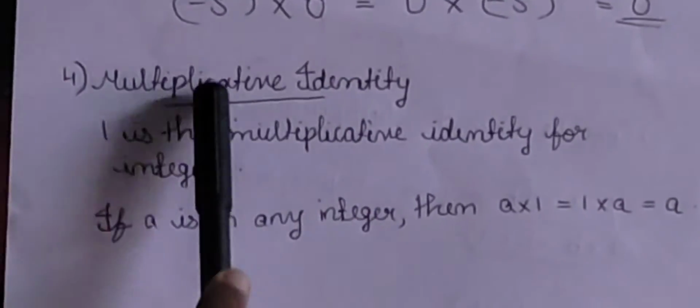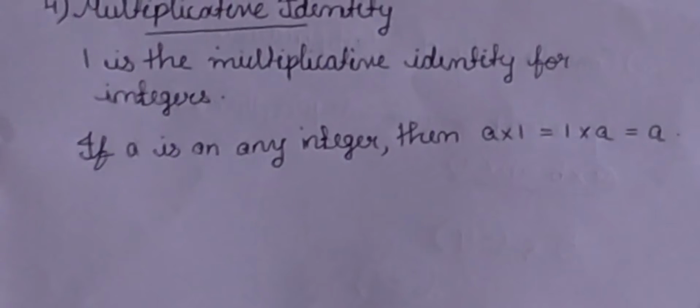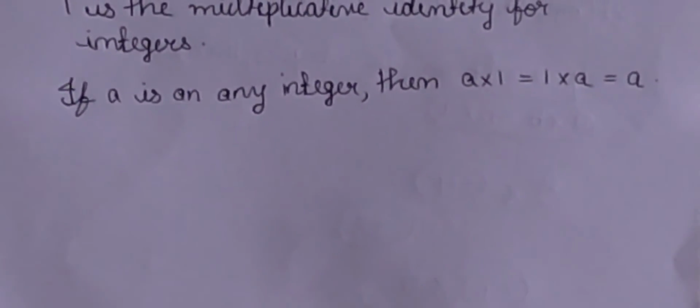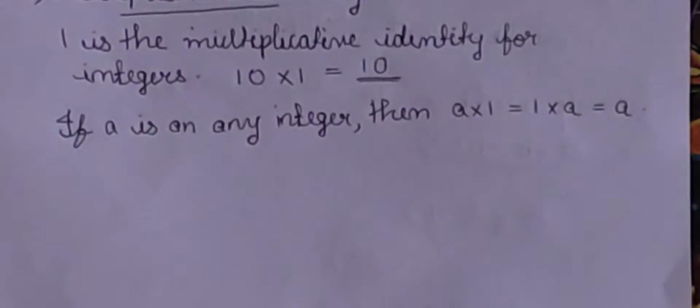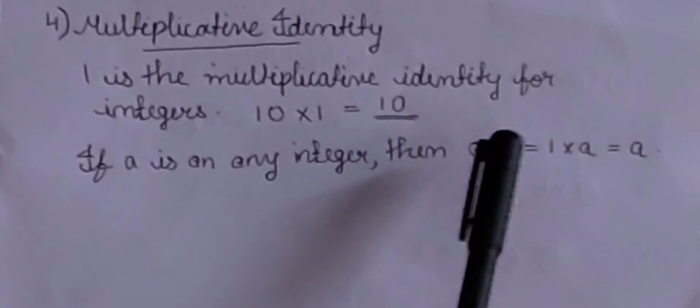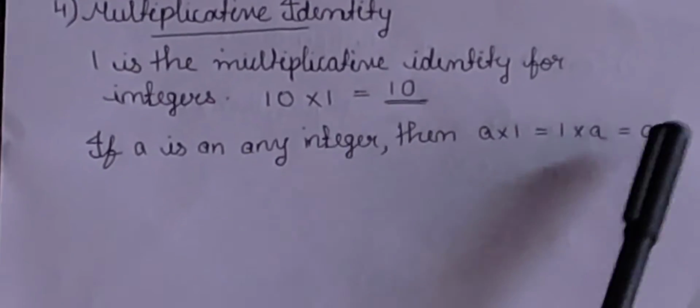Fourth one, multiplicative identity. What is the multiplicative identity for integers? Any number into 1 is equal to that number itself. I will give an example right here. 10 into 1 is equal to 10. If a is any integer, then a into 1 is equal to 1 into a is equal to a.